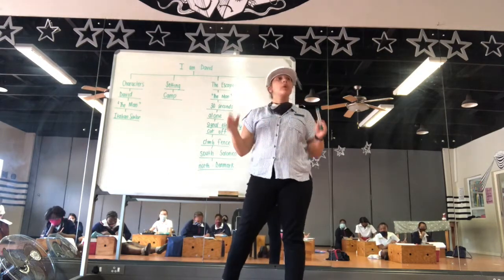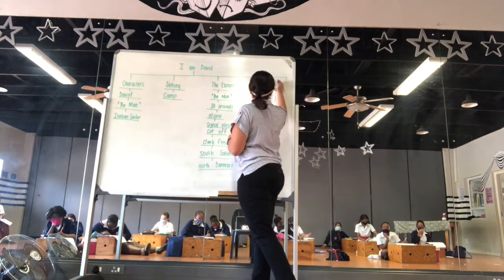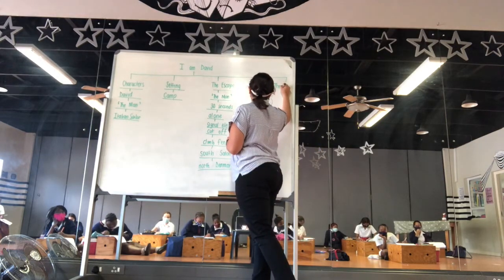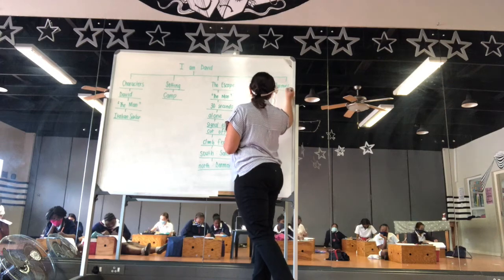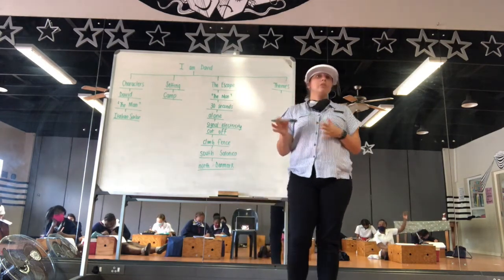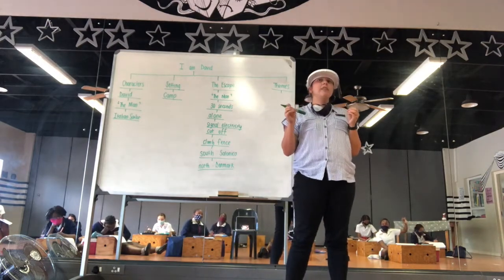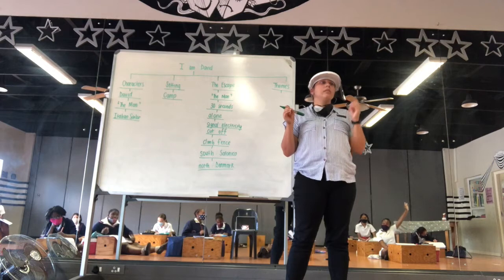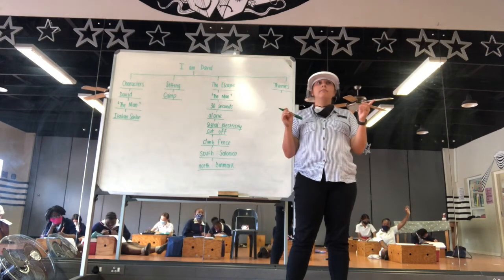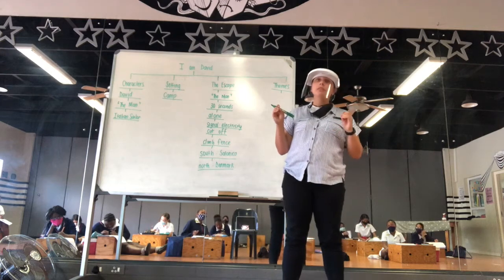The very last thing we're going to be looking at is the themes, which we also did at length. I don't need all of them, but tell me, what themes did we come up with during this novel? Think carefully. Not friendship. It also starts with the F though.